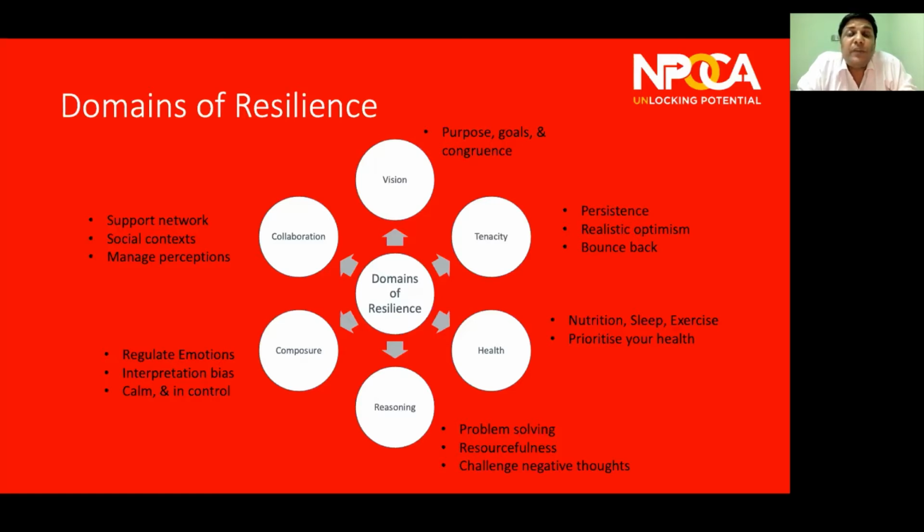You need to be driven by a strong purpose and goal. You will need to learn to be resourceful. Remember, resilience is not necessarily a skill that comes from your parents. It's not something which is hereditary.